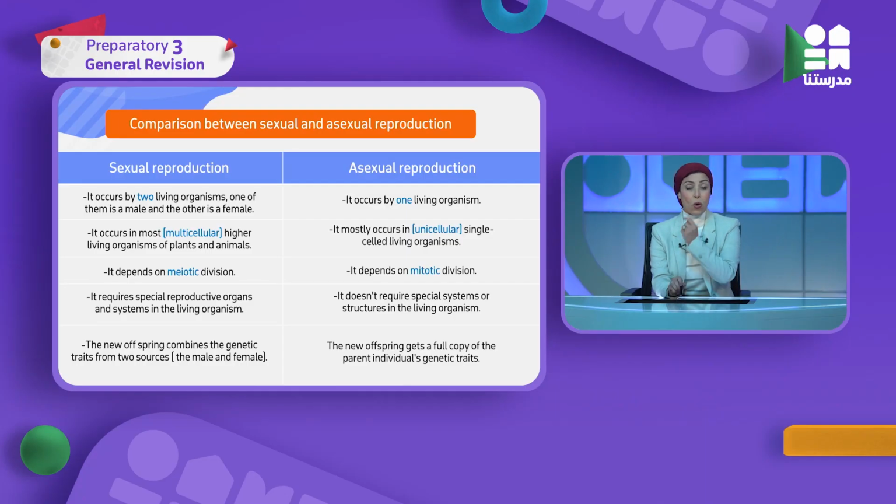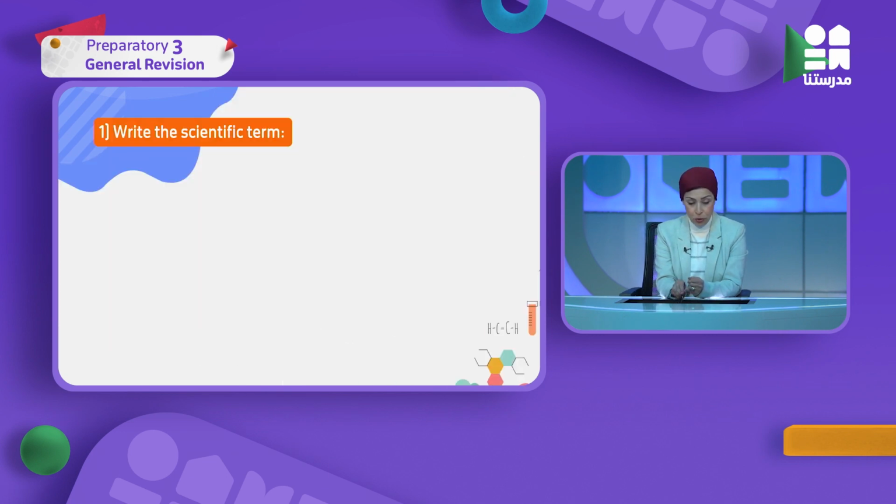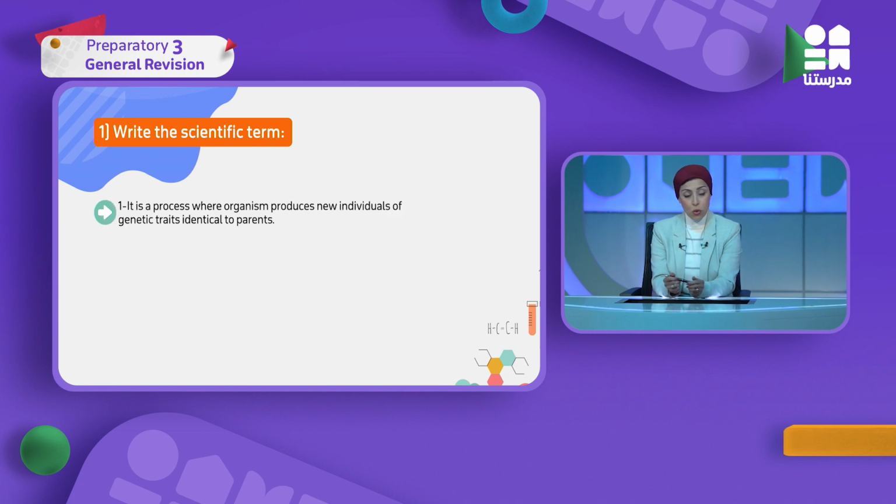Let's now see another type of question which is very common in the exams, which is write the scientific term. The first one: it's a process where the organisms produce new individuals of genetic traits identical to the parents. My keyword here is a process that gives offsprings identical to their parents.